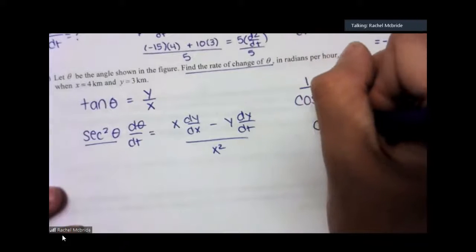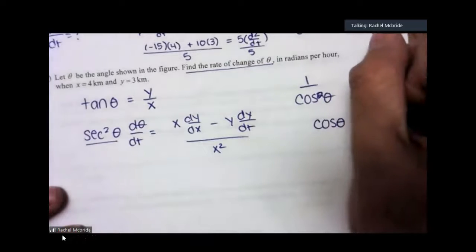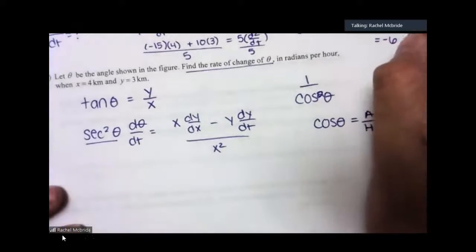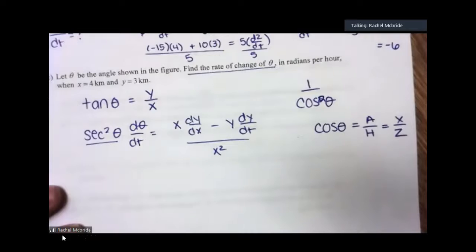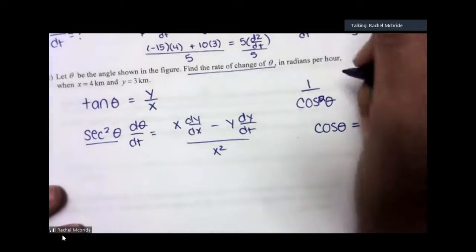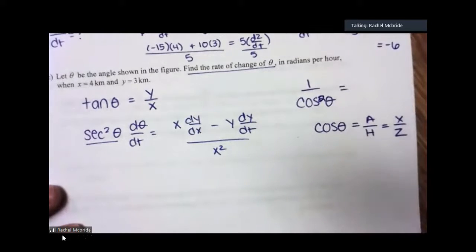And cosine in this case, well, cosine is equal to adjacent over hypotenuse, which would be x over z. So secant squared would really be like z over x, squared.